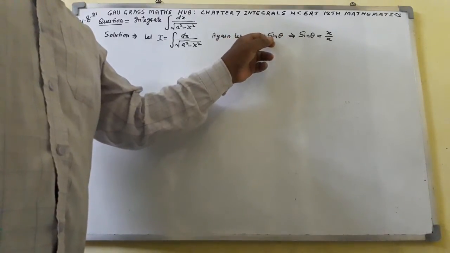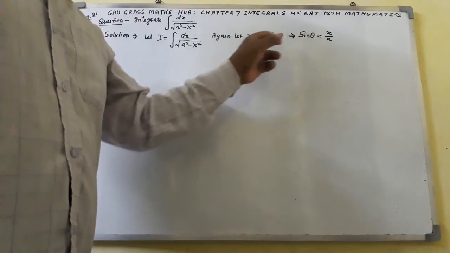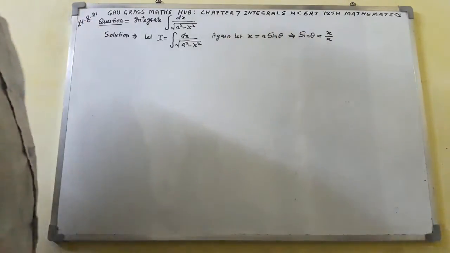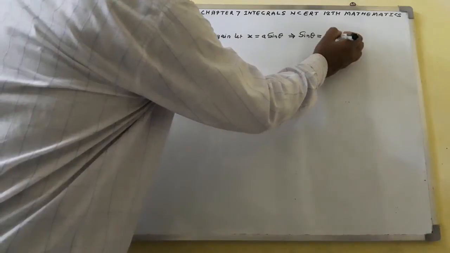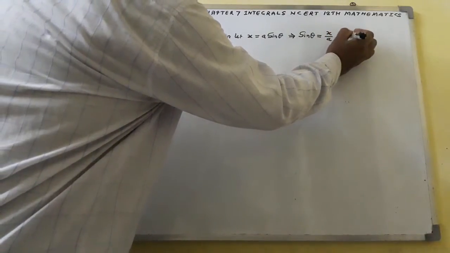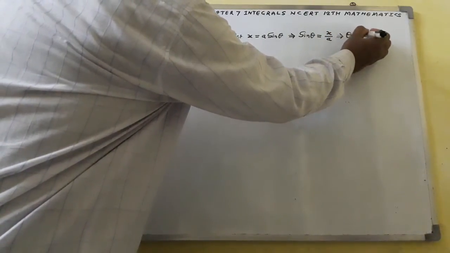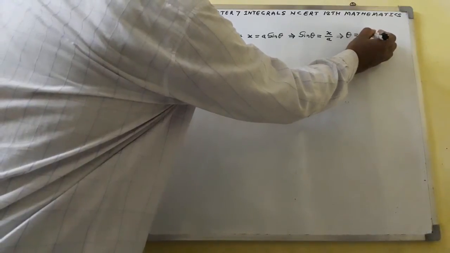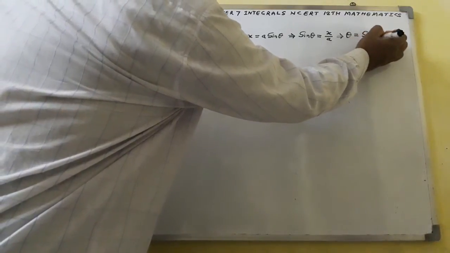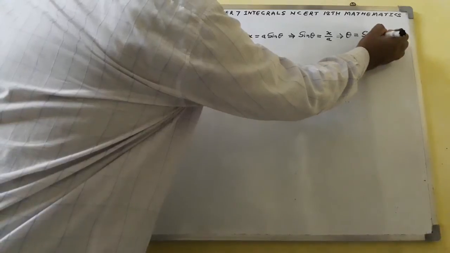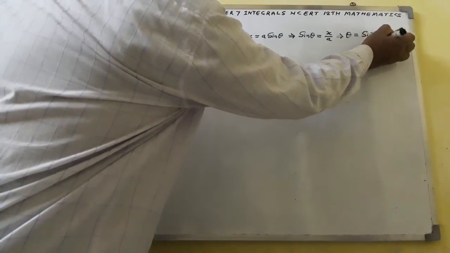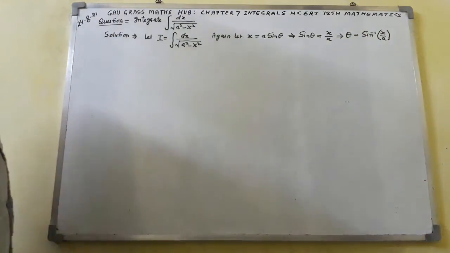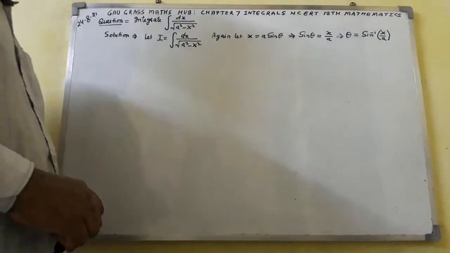So sin theta comes out to be x over a. This implies that theta equals sin inverse x over a. This thing I should write.